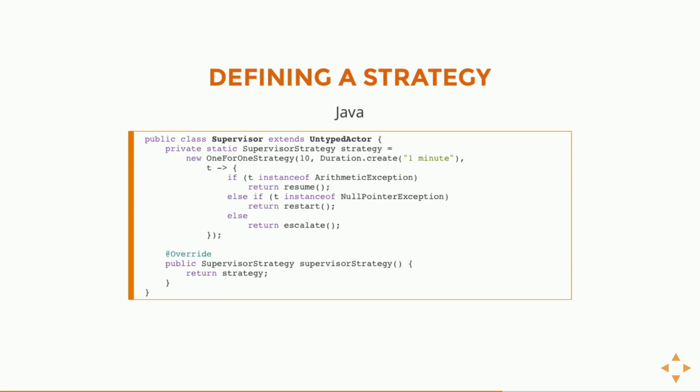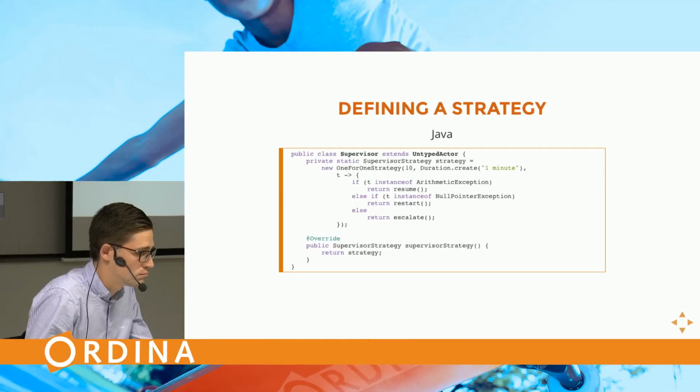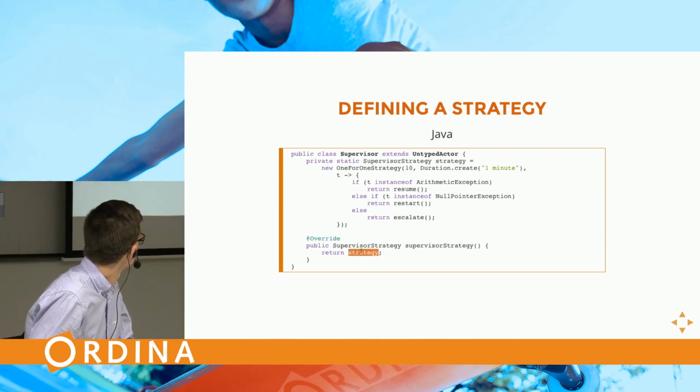And finally, you need to pass this strategy implementation in the supervisor strategy method that you need to override. In this case, it's been written in two different parts, but you can obviously just create the strategy right there on the spot.